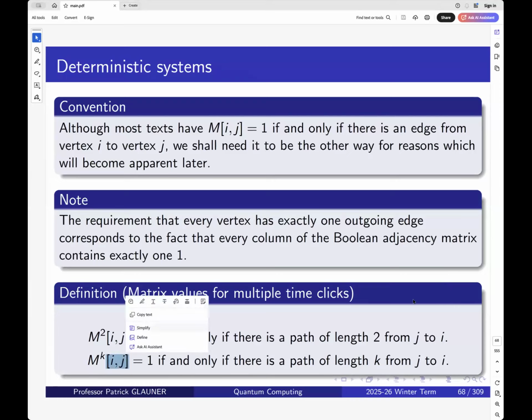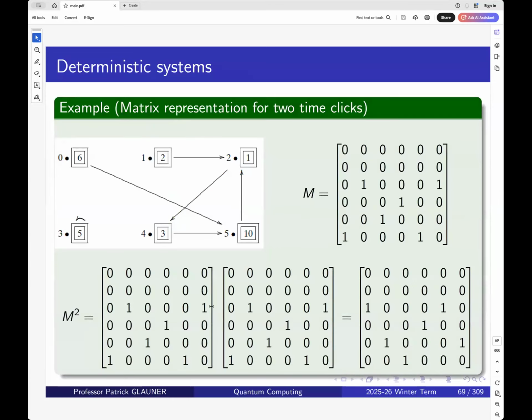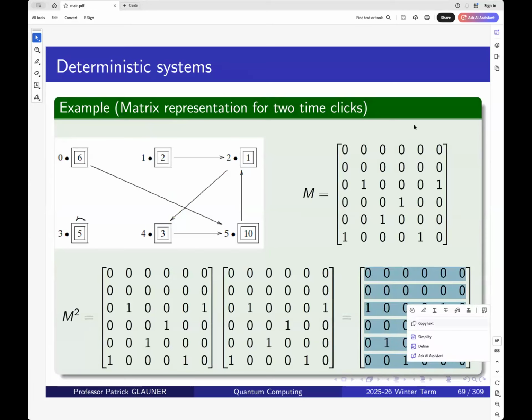So you could do this step by step and look at a graph and try to build these matrices, or rather you just multiply the matrices with each other. So M with itself, or you could say k is 3, so you would multiply M with itself again with itself, and you would get M cubed. But here are more formal definitions in case you wish. And feel free to multiply M with itself in order to get this matrix.